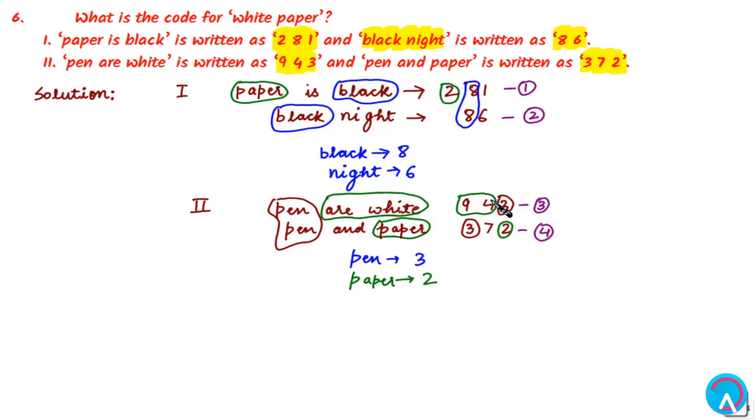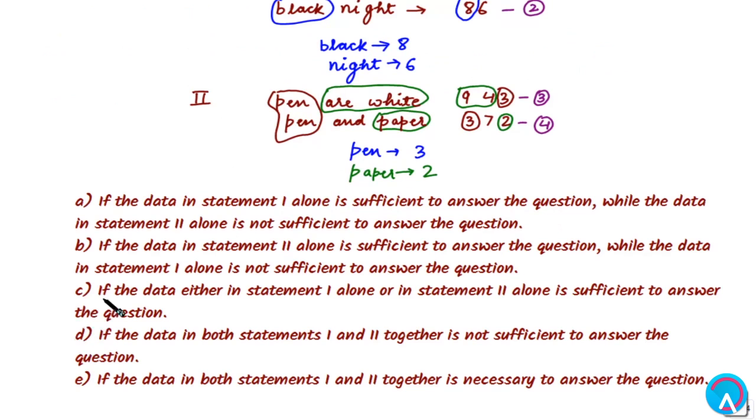That means from here we cannot find the code for white paper, neither from statement 1 nor from statement 2, and not even if we combine statements 1 and 2. So when such is the case, then option D is the correct option. That means data in both statements 1 and 2 together is not sufficient to answer the question.